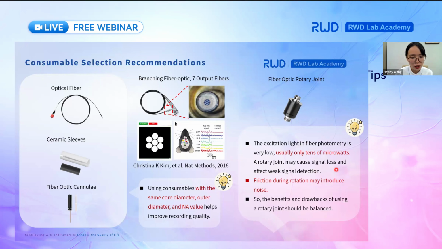So the rotary joint may cause signal loss and affect the weak signal detection. And second, friction during the rotation may induce some additional noise. So in practice, the benefit of using a rotary joint should be balanced against this potential impact on the signal quality.